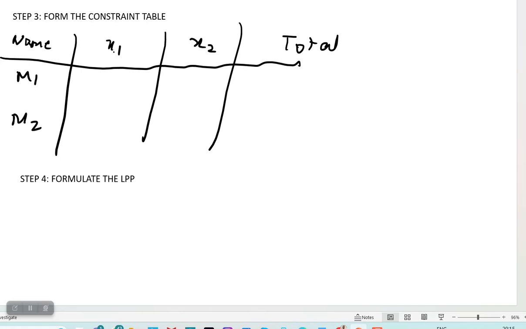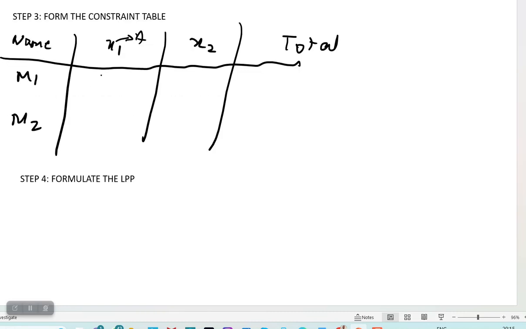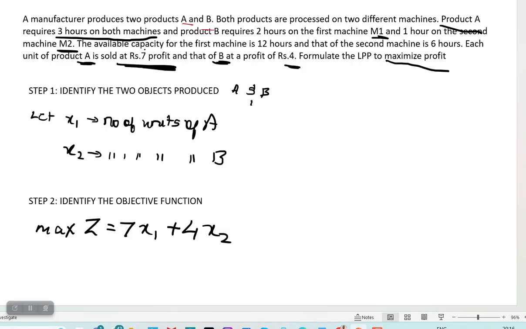Now X1, if you observe, is for A. It is clearly mentioned that product A requires 3 hours on both machines. So X1 with machine M1 is 3 and X1 with machine M2 is also 3. Similarly, product B requires 2 hours on machine M1 and 1 hour on machine M2.